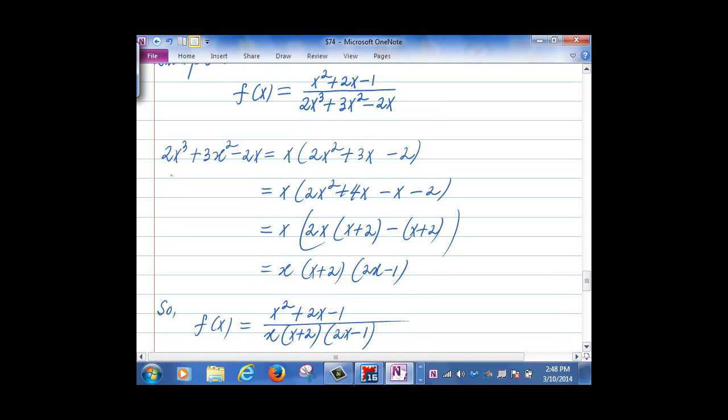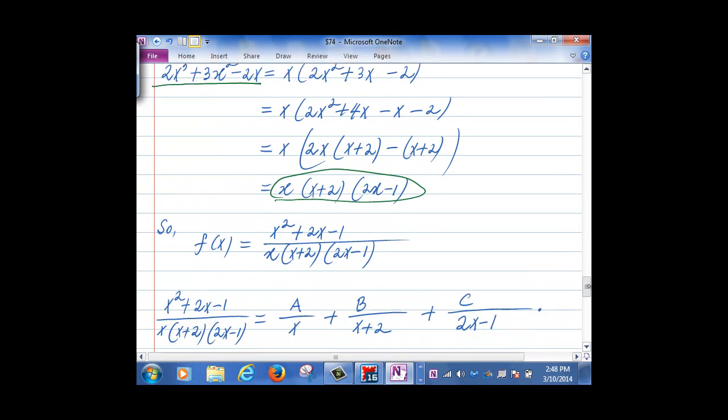We have seen this denominator in my examples before. Let me skip the steps of how to factor it. I'm going to give you more examples next time. So let's go directly to the factorization. If I factor the denominator, I get x times x plus 2 times 2x minus 1. Everybody's okay with that?